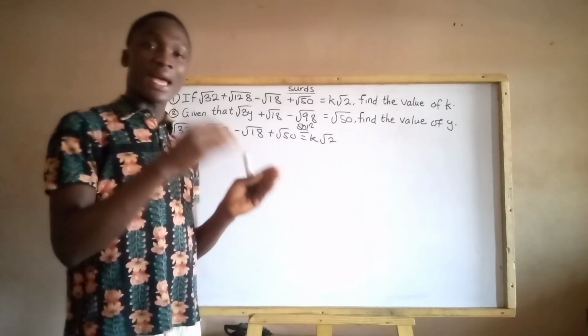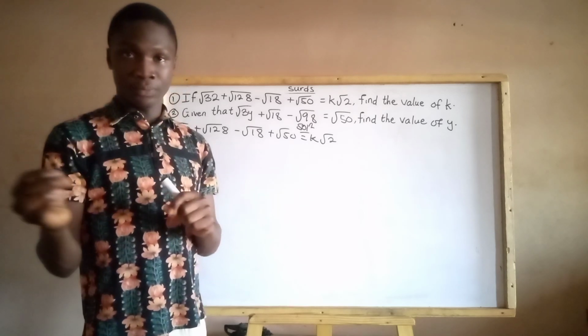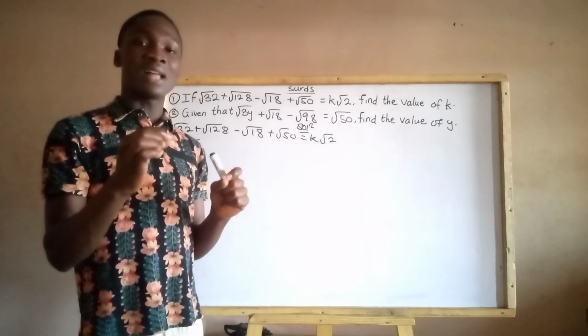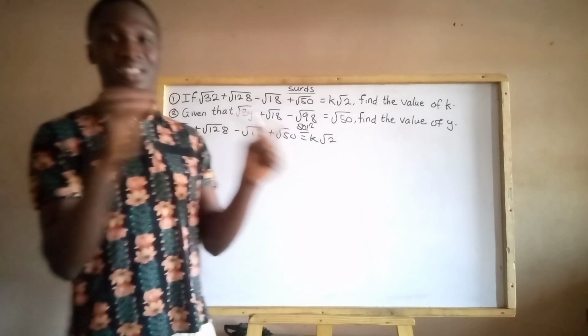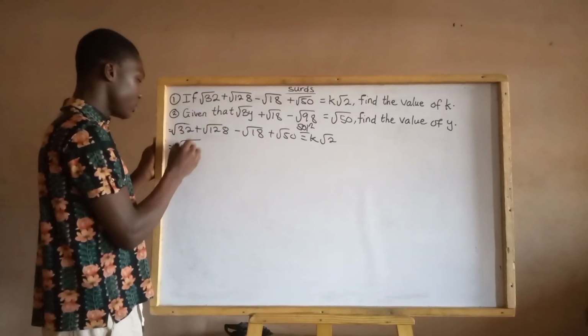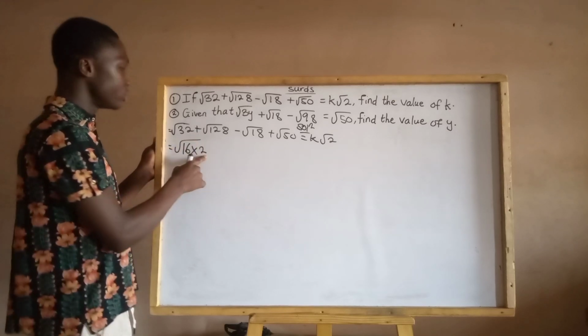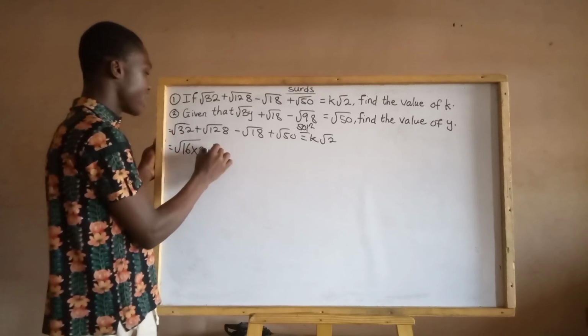Similarly, 2 times 2 gives 4. It means that 4 is a perfect square. So any perfect square means that a number multiplies itself to give that number. So here, 16 times a given number 2. So 16 times 2 gives 32.